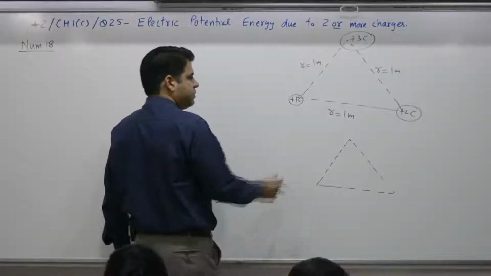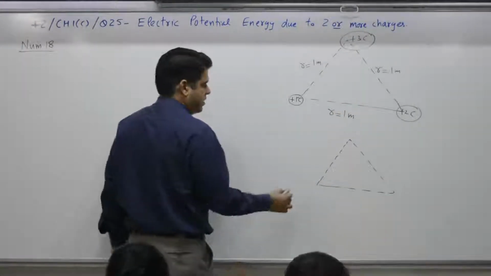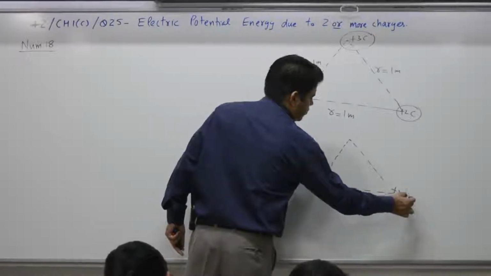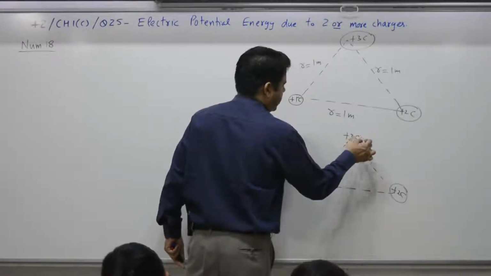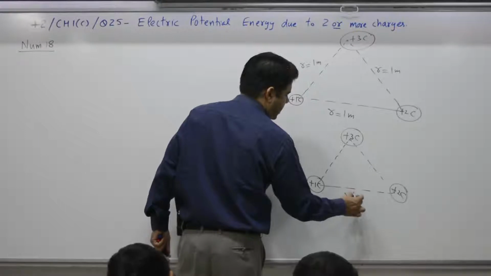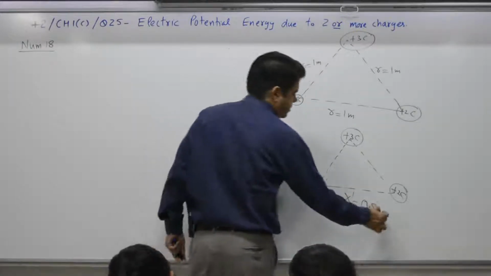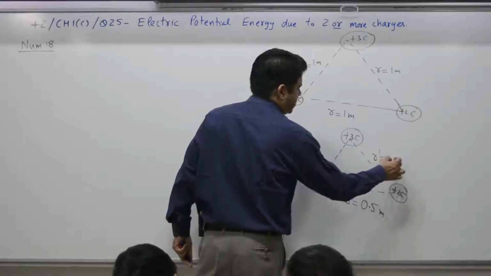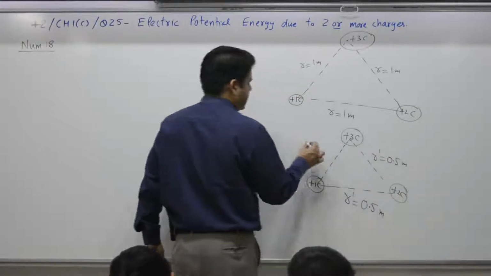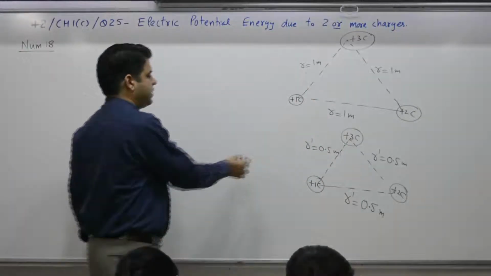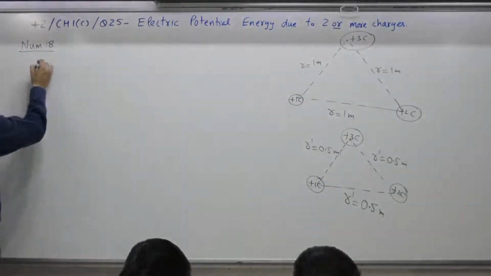When you draw, you must decrease this distance. 1 coulomb, 2 coulomb, 3 coulomb. What is the new distance? R dash is half, 0.5 meter. It is initial status, this is final status.